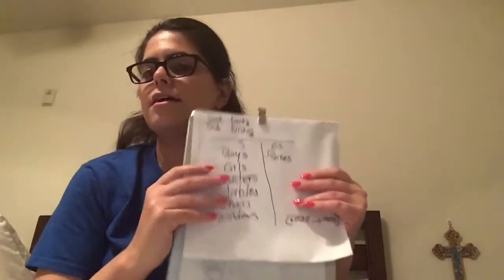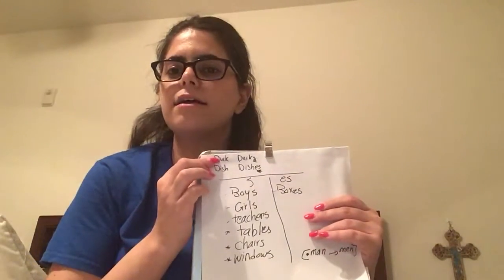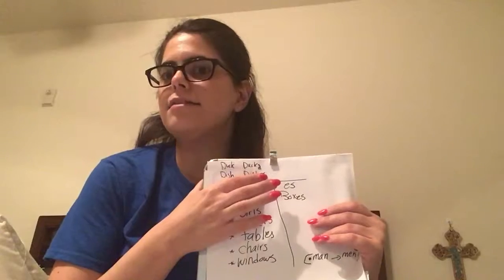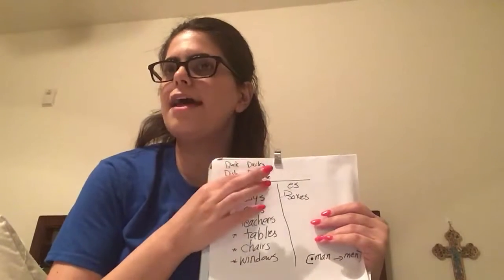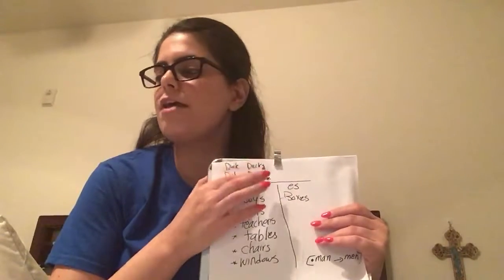So for example, as we did before, let's see here, dog. If I have the word dog, then I have the letter S. So I have to glue dog with the S so they will match together. But be careful when you use your scissors.